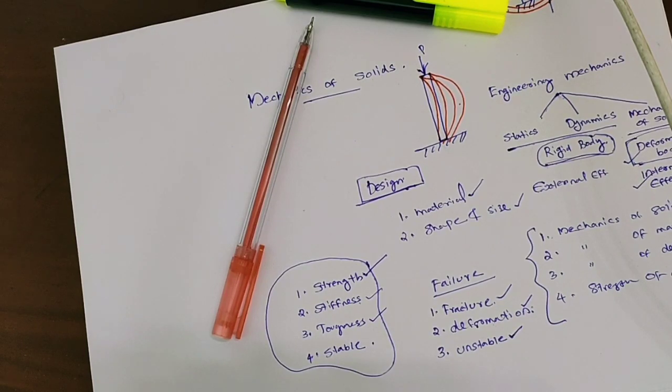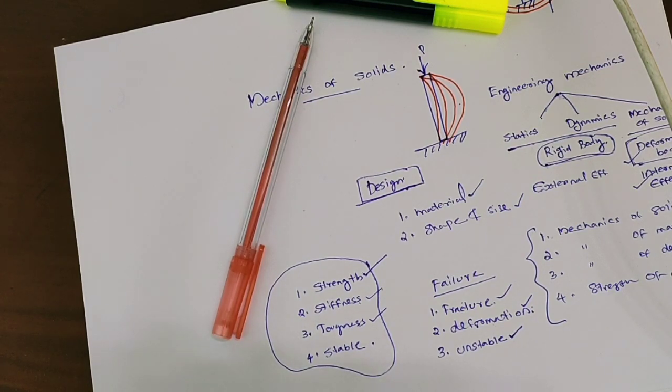So the main objective of mechanics of solids is to provide us with some rational rules for the design of any structural member or machine element based on the consideration of strength, stiffness, toughness, and stability conditions. So we should consider these four criteria while designing any member.